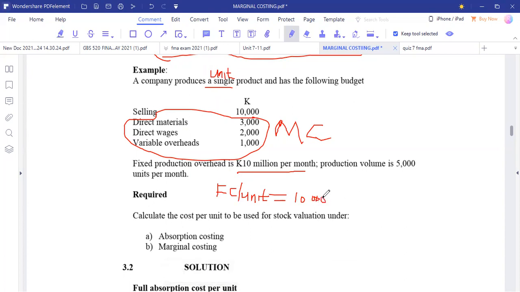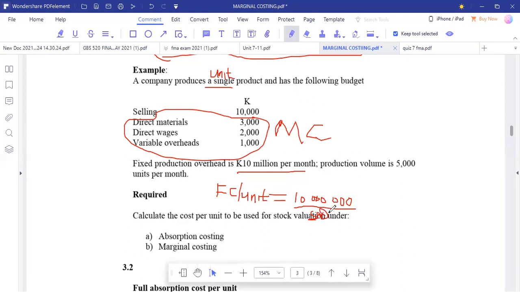It is 10 million kwacha divided by 5,000 units. So we can find our fixed cost per unit.